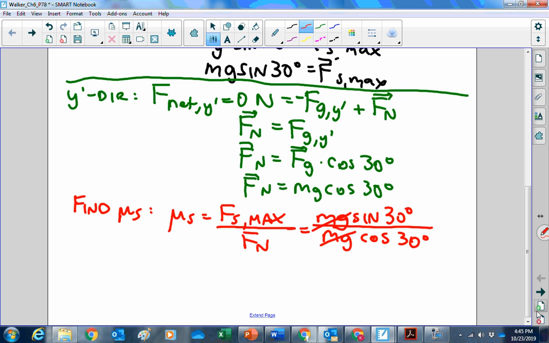Sine over cosine, I think, is tangent. So then when I do tangent 30 degrees, I end up getting a decimal that represents the coefficient, which is equal to 0.58 with no units.